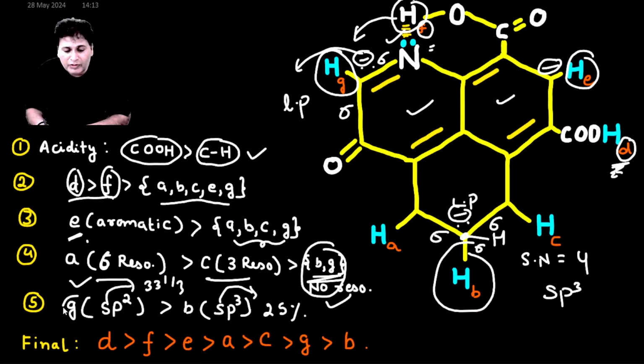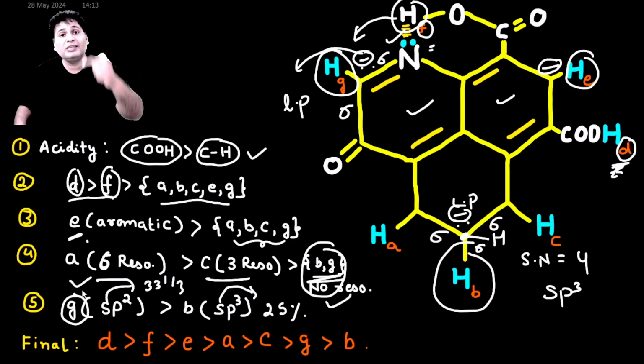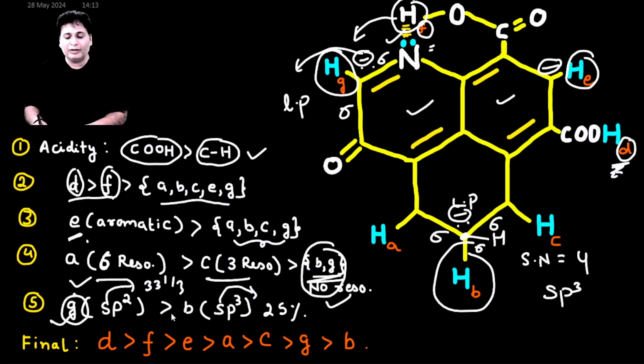So the carbon which belongs to G is more electronegative, and if the minus charge remains on the more electronegative atom, it suits it better in comparison to if the minus charge was on the less electronegative one, where the s character was less. On that ground you are able to decipher that G is a better option than B.